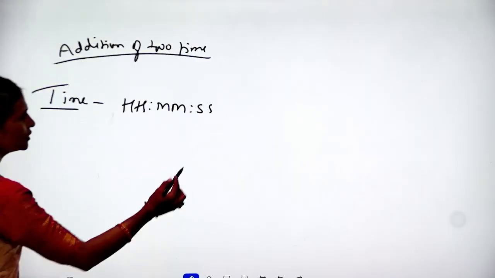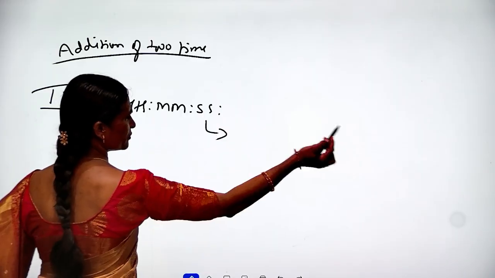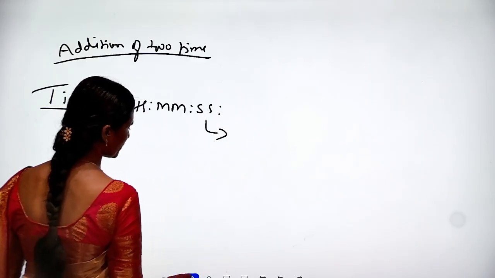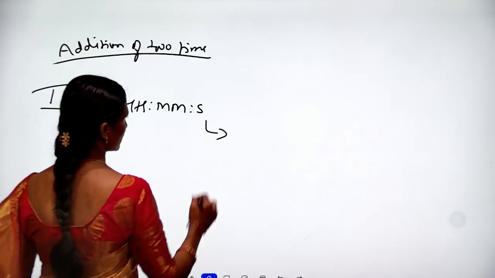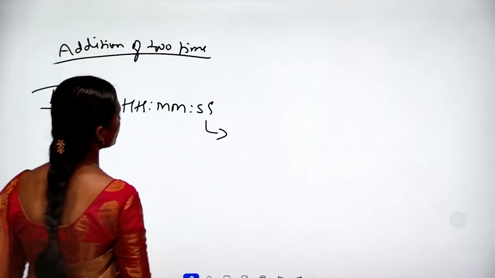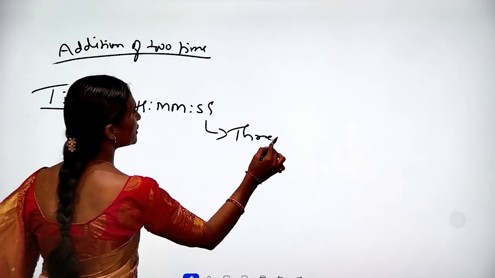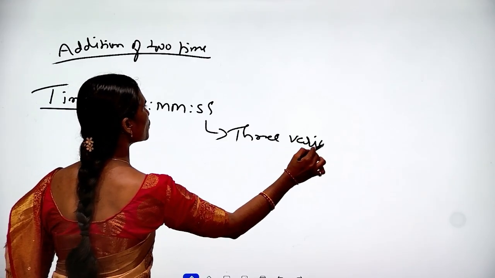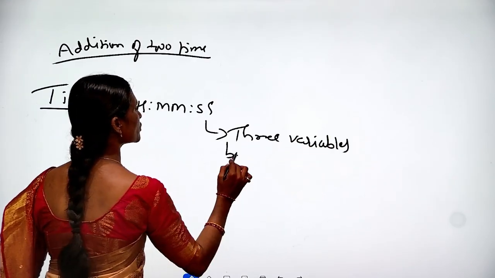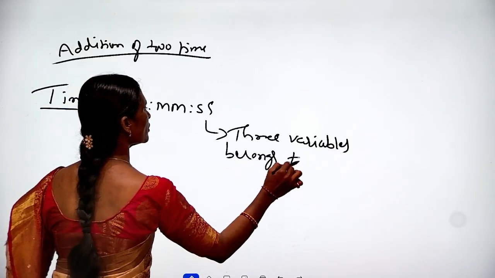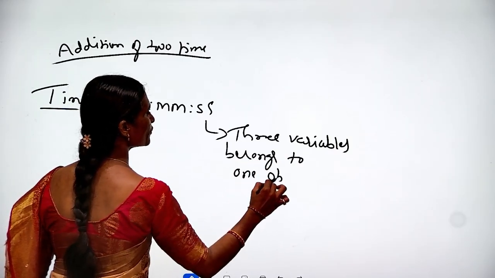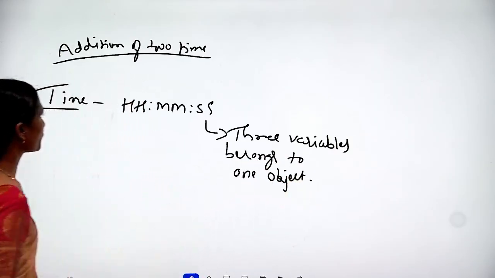There may also be millisecond and microsecond, but at present I am taking three. How many variables are here? Three variables belong to one object. Hence we are going to use the overloading here.